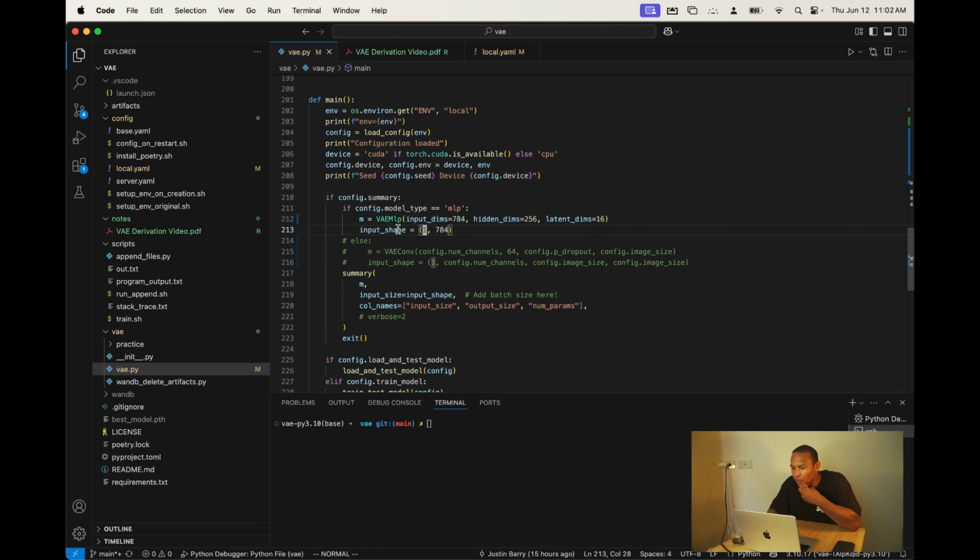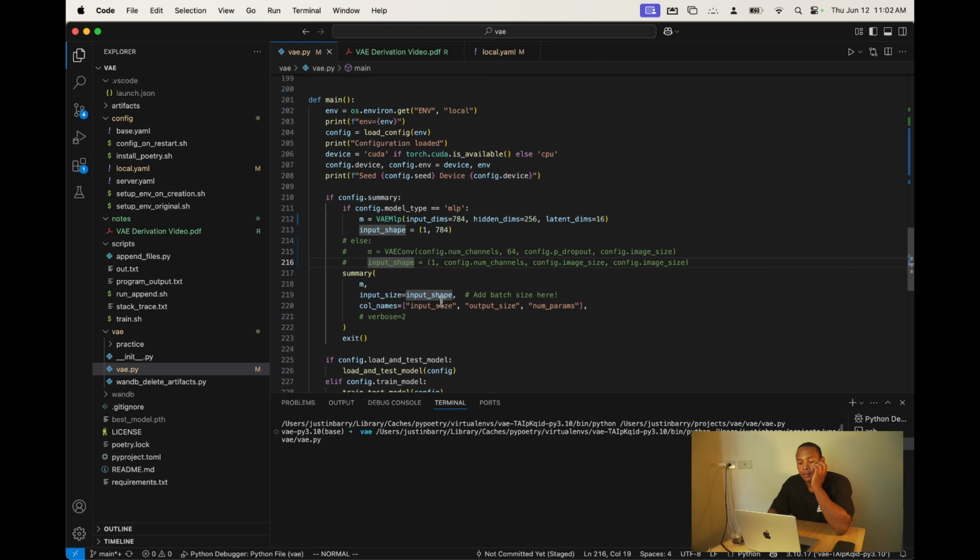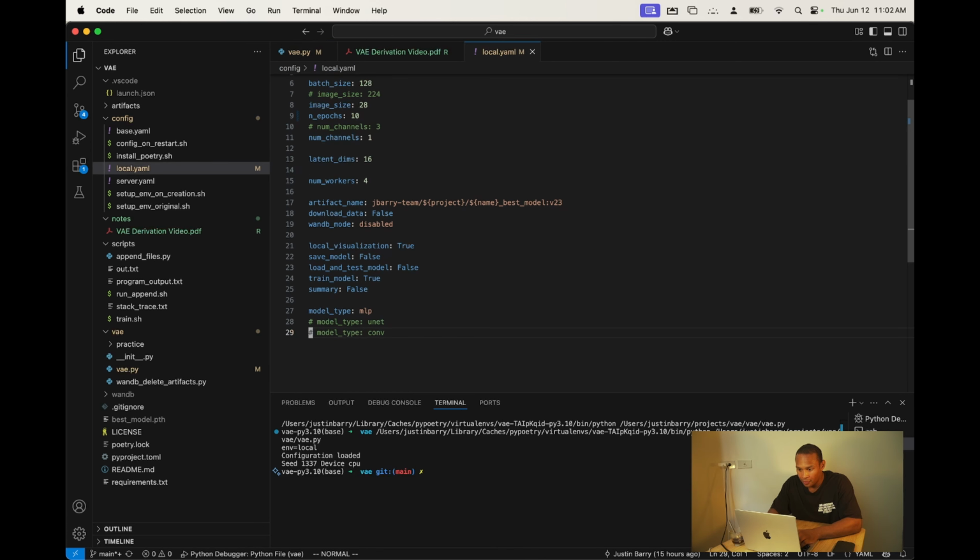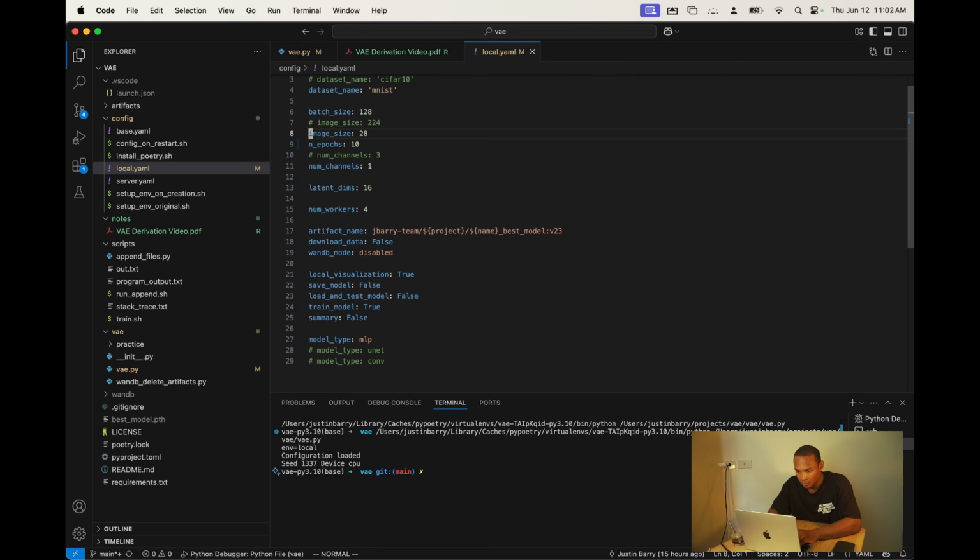Input shape is just a dummy variable, but it represents a flattened MNIST image. Yeah, and then we just check out the summary. Config summary true, train model false.